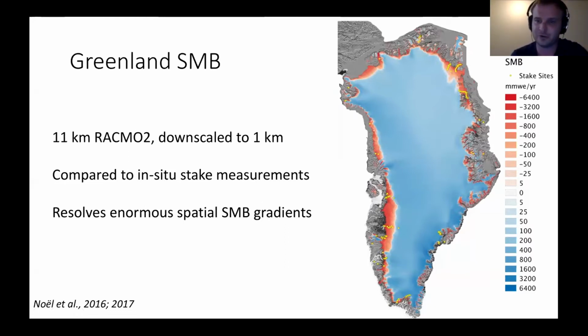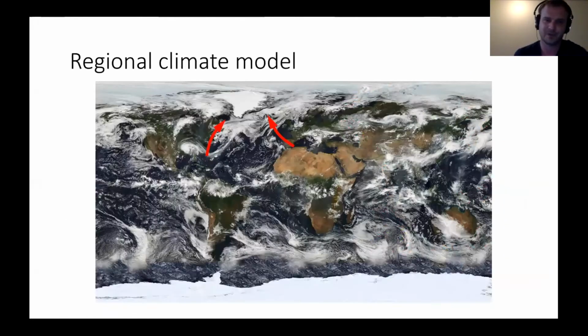And these kinds of products are really interesting to use to understand Greenland ice sheet SMB, not only from an integrated perspective, but also on smaller scales. But of course, the downside of a regional climate model is that it's only forced by a certain atmospheric state at its lateral boundaries, because it has a regional domain. So it doesn't interact with the rest of the climate system.